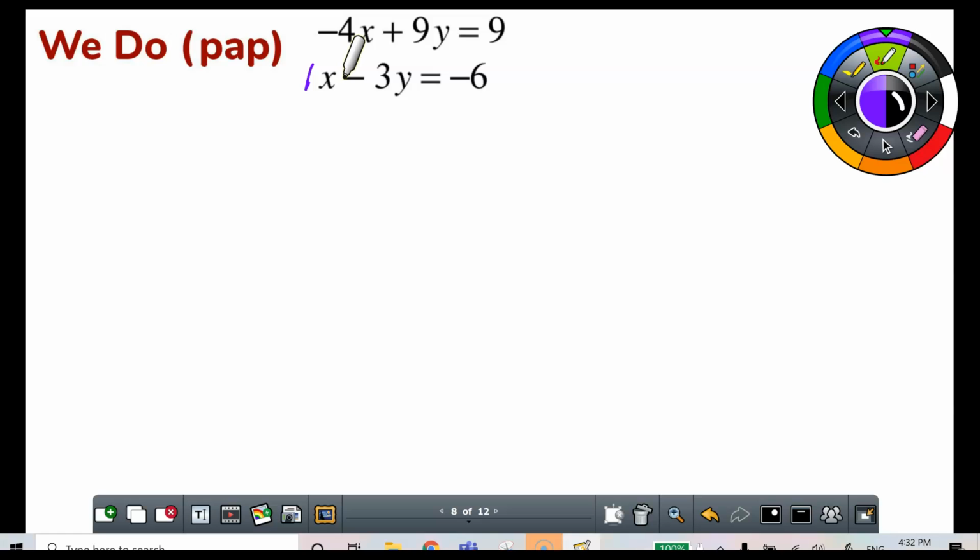Right? So we're going to multiply 3 to the entire equation. So you're enlarging each part of the equation at the same time. So this time we're going to rewrite the second equation because you enlarged the second equation. Okay?